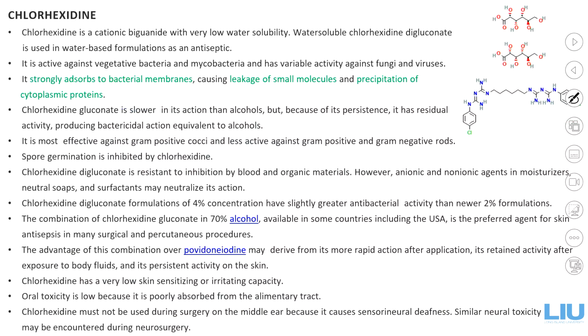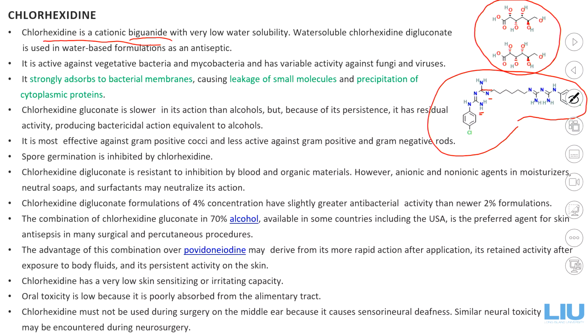Right. Chlorhexidine. This is the structure of chlorhexidine. As you can see, it has so many nitrogens, which means it's going to form a positively charged base, and so it would require the presence of another negatively charged ingredient. So it's usually combined with digluconate.